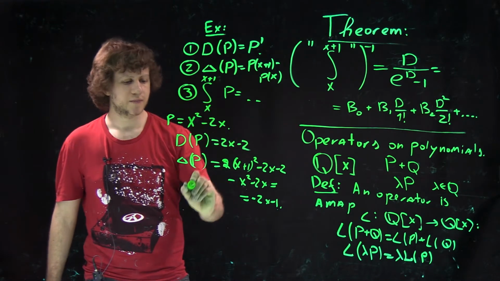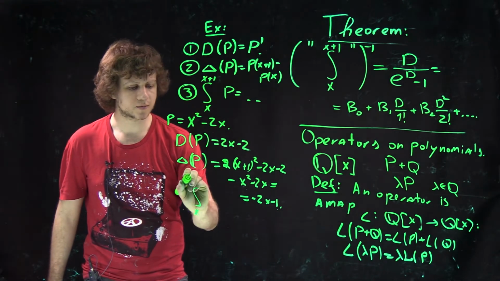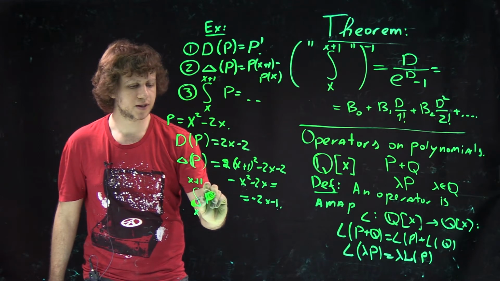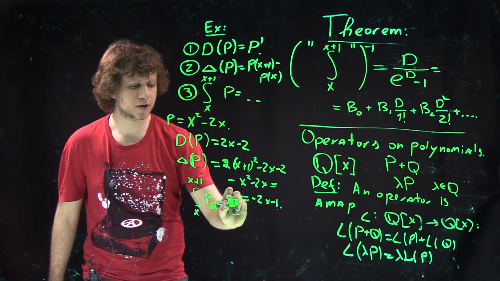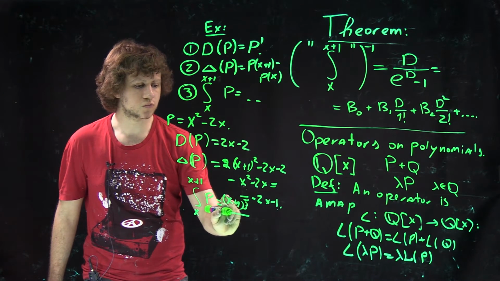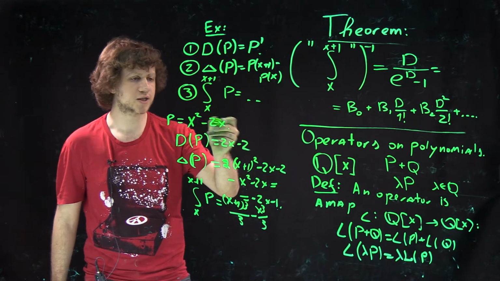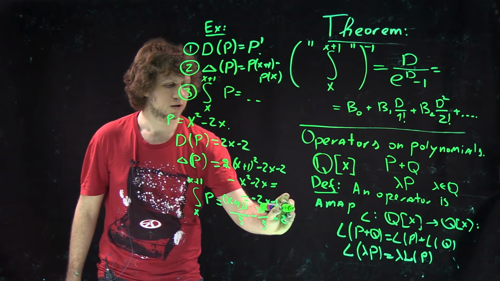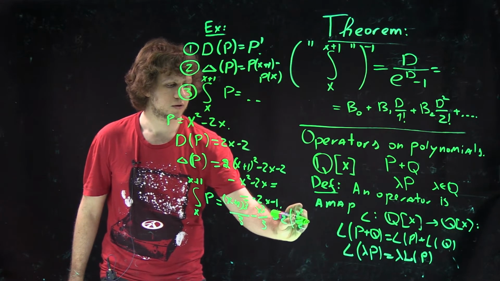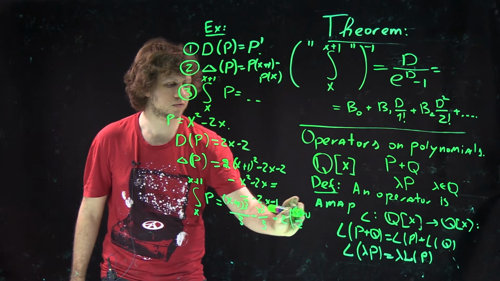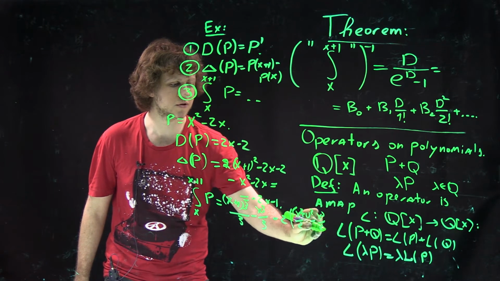What about this one? The integral from x to x plus 1 of our p is, of course, x plus 1 cubed over 3 minus x cubed over 3. So we applied our operator to x squared minus 2x: x plus 1 cubed over 3 minus x cubed over 3, minus x plus 1 squared minus x squared. Let me not even compute it.